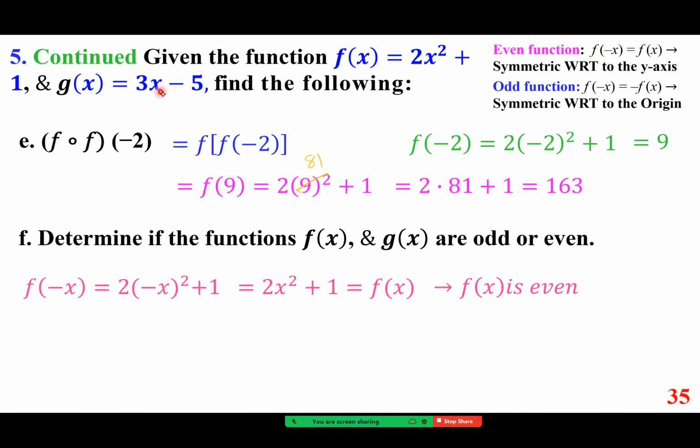For the g function, let's replace the x with minus x, makes it minus 3x minus 5, which is not equal to g of x. It's not equal to the opposite of that. So g of x is neither even nor odd.